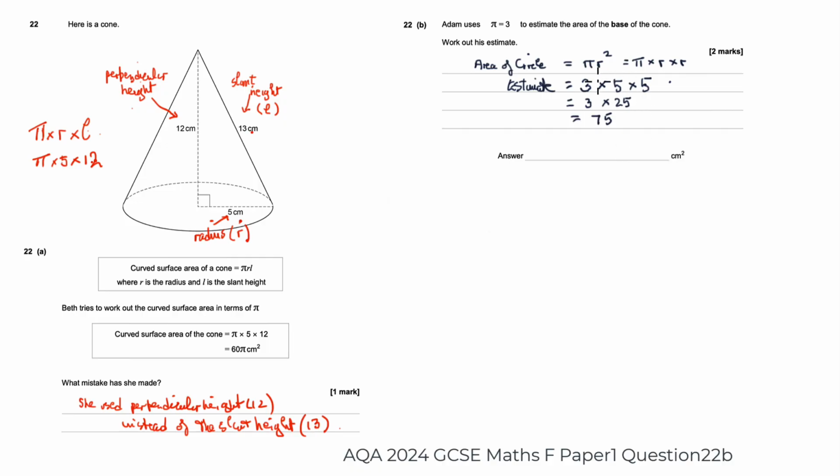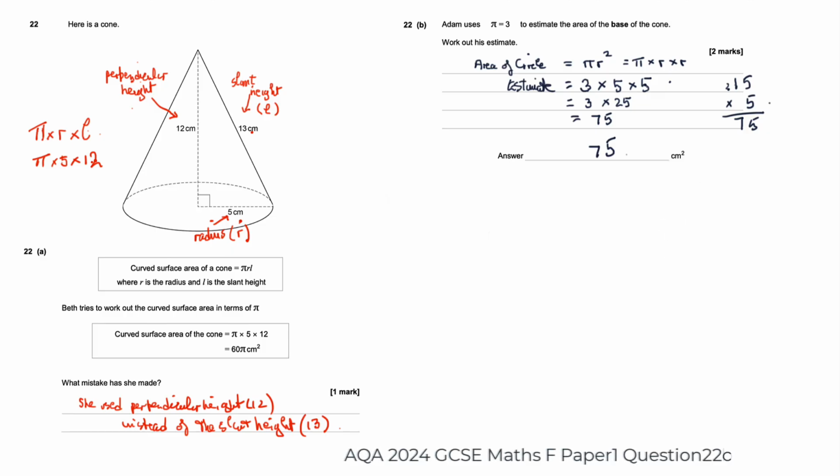Another way of doing it, 3 5s are 15. 15 times 5, you could do the long multiplication if you need. 5 5s 25, 2 to carry, 5 1s are 5, plus 2, 7. So 75, whether it's 3 lots of 25 or 15 lots of 5. So the answer, 75 square centimetres.